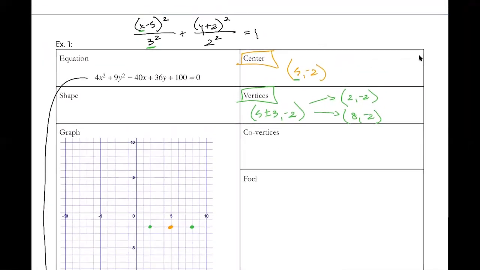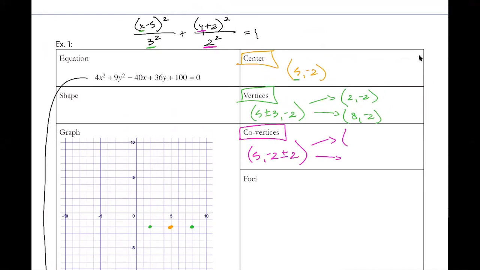All right. The co-vertices come from the smaller denominator. So this 2, I'm going to add and subtract that to the y value of my center to get the location of the co-vertices. So we can say 5, negative 2 plus or minus 2.